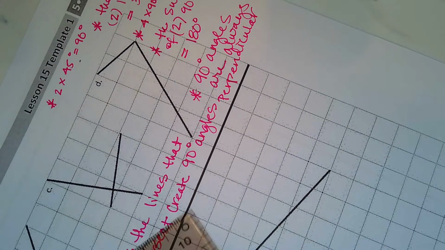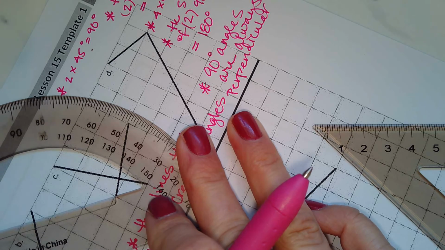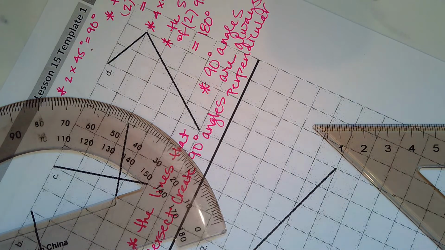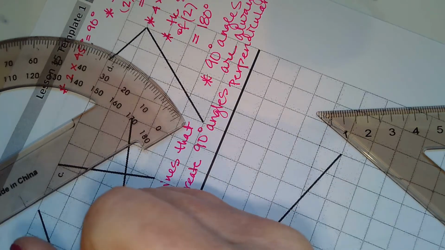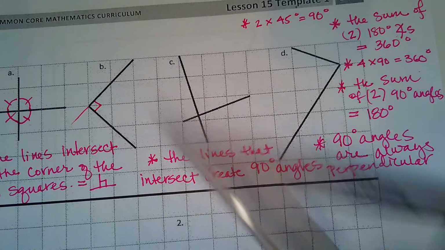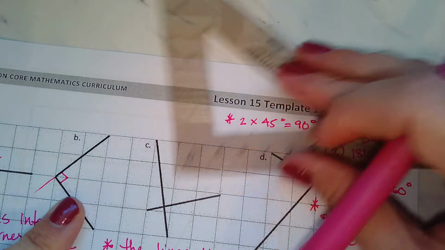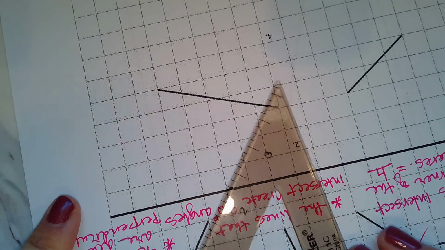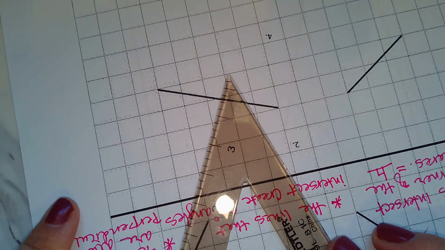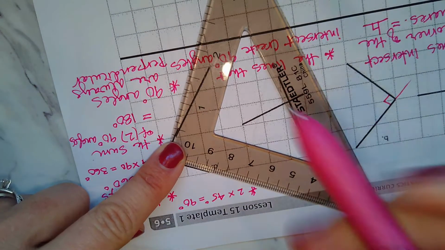You can use your protractor if you have one. Is that a 90-degree angle? Yes, it is. Will this intersect? That's going to create a 90-degree angle. Could I use my set square here? Yep, that's a 90-degree angle. And then if I turn it and use my set square this way, is that a 90-degree angle?